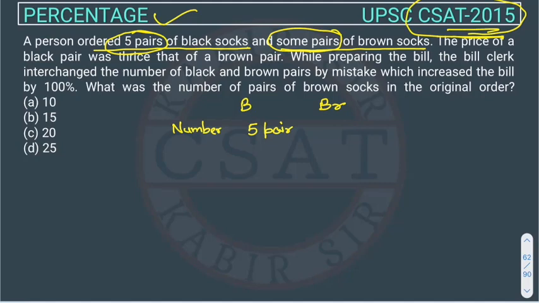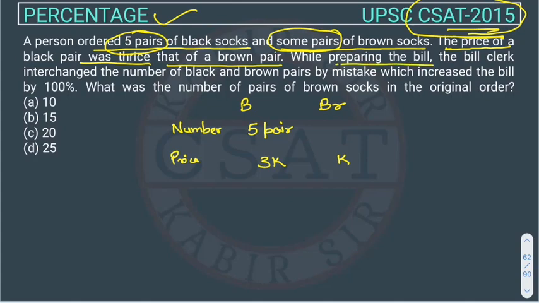The price of a black pair was thrice that of a brown pair. So suppose the price of brown is k, then it will be 3k, right? Because it is given in the question that the price of a black pair was thrice that of a brown pair.